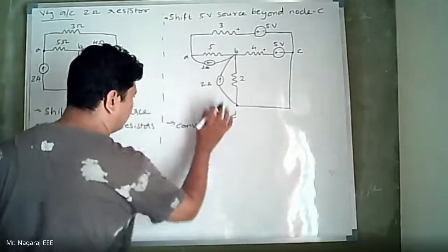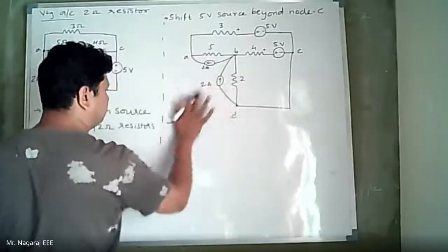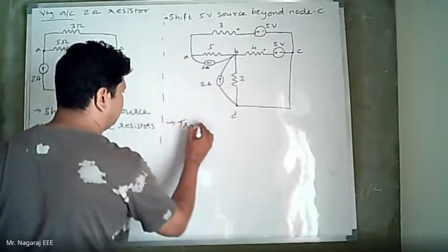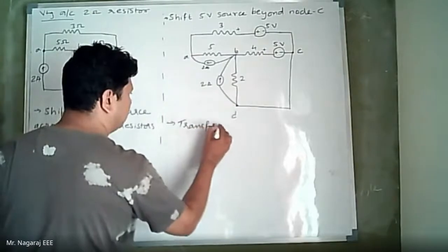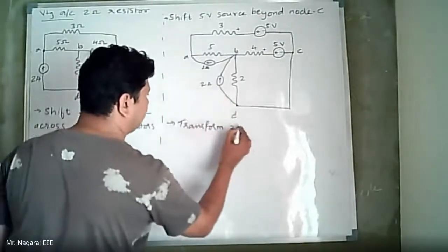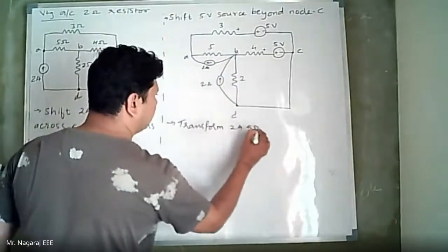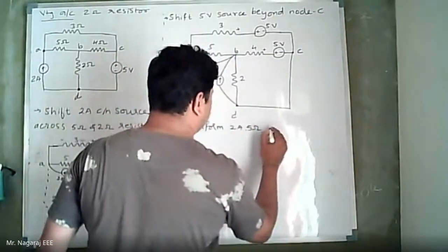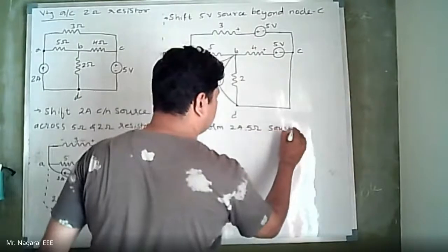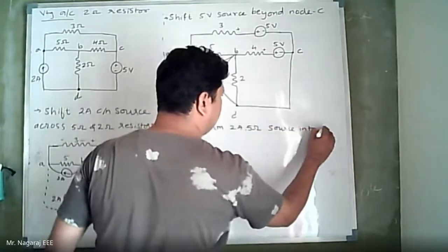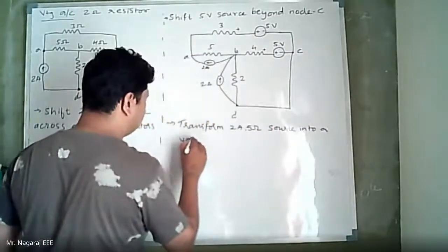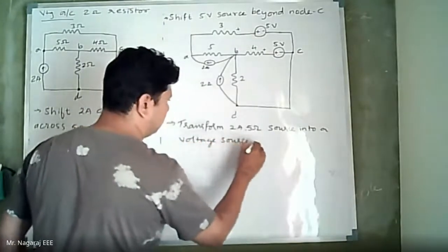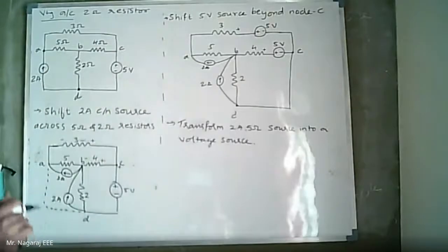Transform the 2 ampere 5 ohm source into a voltage source.